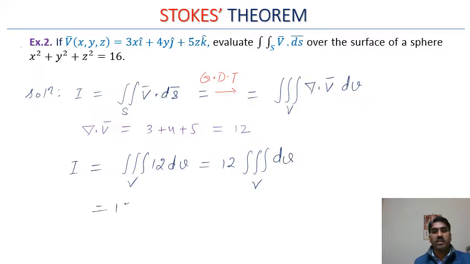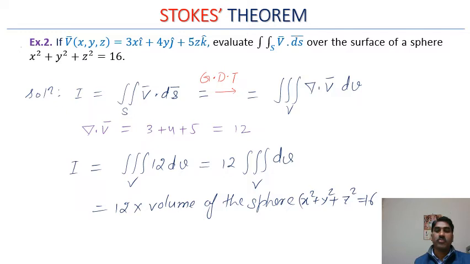So this is 12 times the volume of the sphere x square plus y square plus z square is equal to 16. So you need not even integrate, you can directly write the volume because you know the radius is 4.